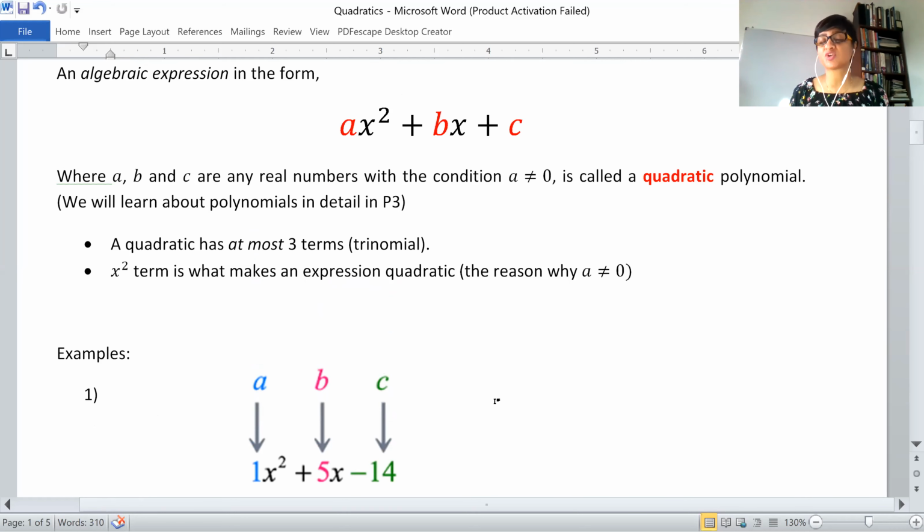It is called the standard form, because it's a standard. You can see the 3 terms all laid out nicely. It's the conventional form of writing a quadratic expression. But there are 2 other forms that you can write a quadratic in. Altogether there are 3 different forms in which you can write a quadratic.